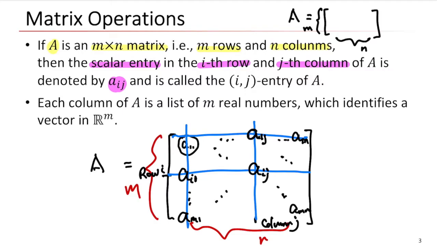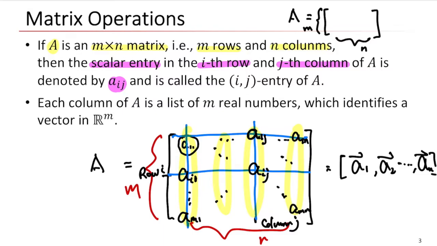Then each column of A, what is a column of this matrix? Here, here, here, here, right? So the matrix A consists of n columns. Each column of A is a list of m real numbers, which identifies a vector in Rm space.